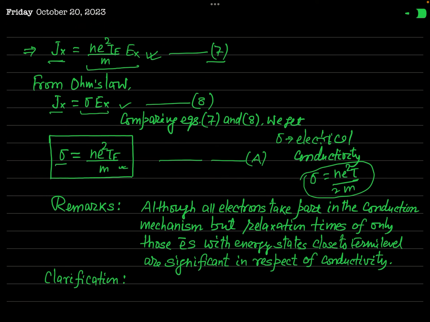But can you say that since in this equation the relaxation time has been taken for the electrons whose energy is near about the Fermi level, only the electrons near the Fermi level will contribute to current? The answer is no. Electric current here is contributed by all free electrons. But when we calculate the conductivity, we should take the relaxation time only for the electrons near the Fermi level.